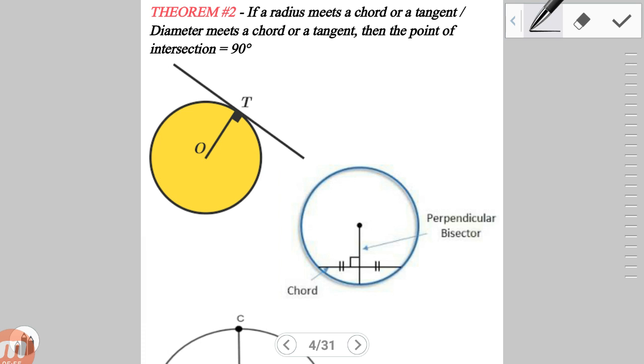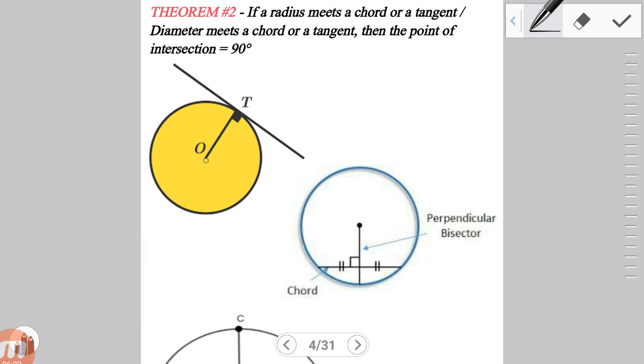There's an angle relationship between those 4 separate lines, and it says here that if a radius meets a chord or a tangent, then the point of intersection is 90 degrees.